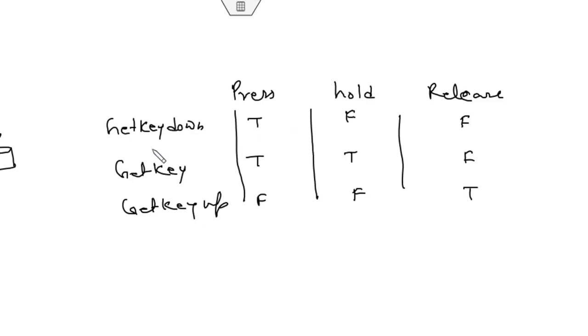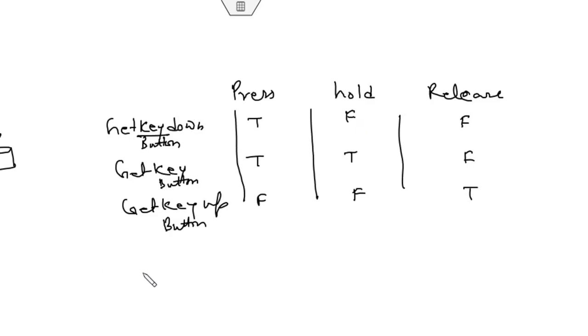And when we deal with GetButtonDown and GetButtonUp, the same thing will happen. Here we can write GetButton, in place of Key we can write Button. The same truth table will be followed by the GetButton family.